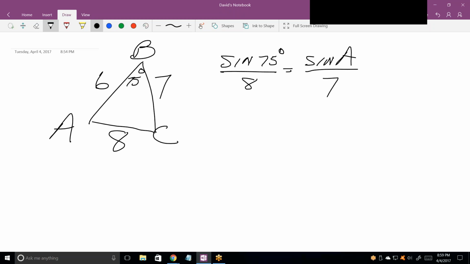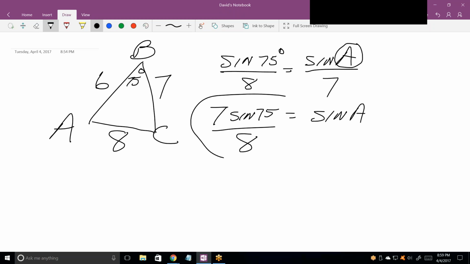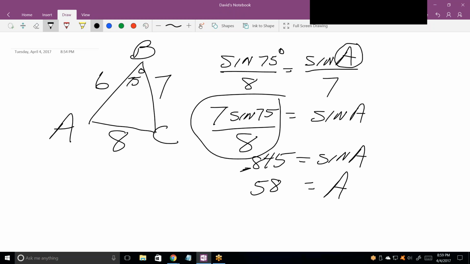Okay, again, that's the only variable. So I get the sine of A equals 7 sine of 75 divided by 8. What's that number? 0.845. And what is the angle A? 57.7. 58 degrees.